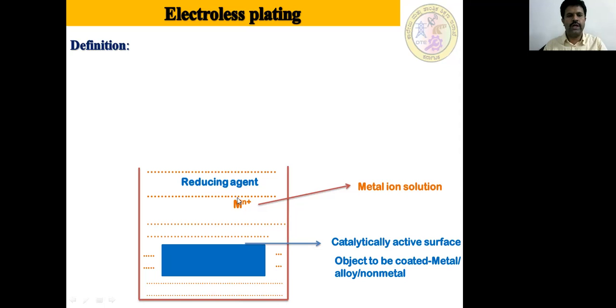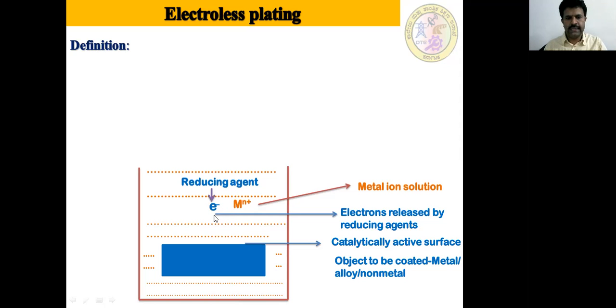But I am not going to use a battery as a source of electrons. But how to get the required electrons for the reduction reaction? So I use a reducing agent chemical as a source of electrons. Instead of a battery, I am getting electrons from the reducing agent.